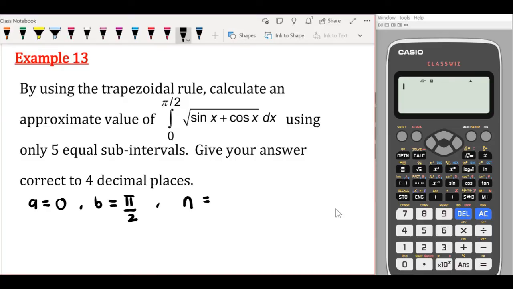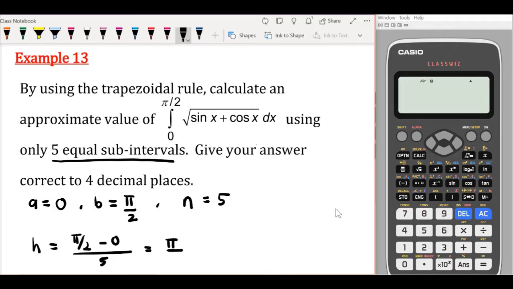In this case, it's 5 subintervals, or sometimes they use the term strips. After we determine these three things, we may start computing h. So h in this case will be b minus a over n, so pi over 2 minus 0 divided by 5. So we will get pi over 10.